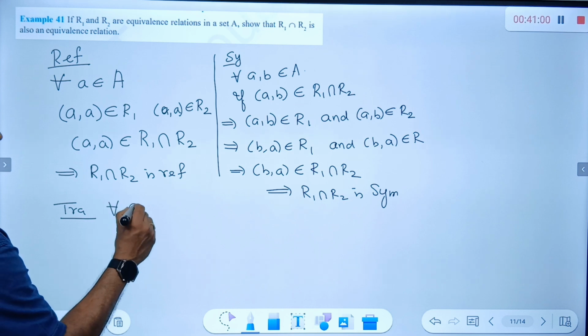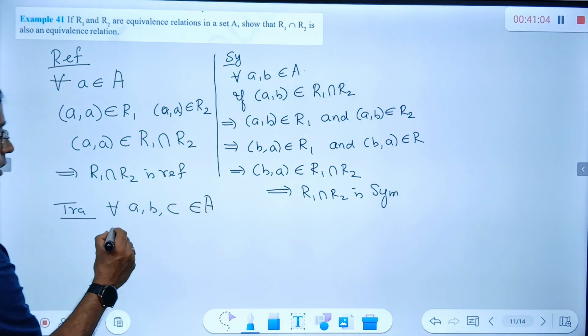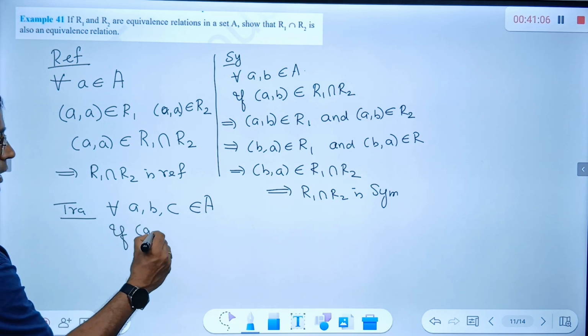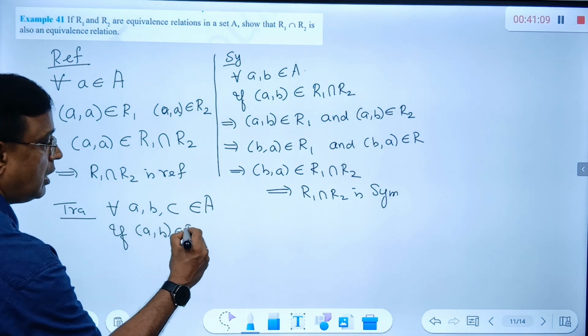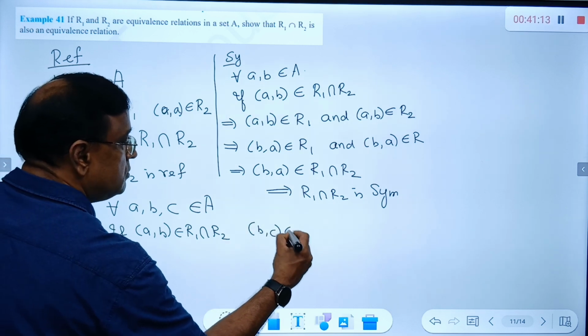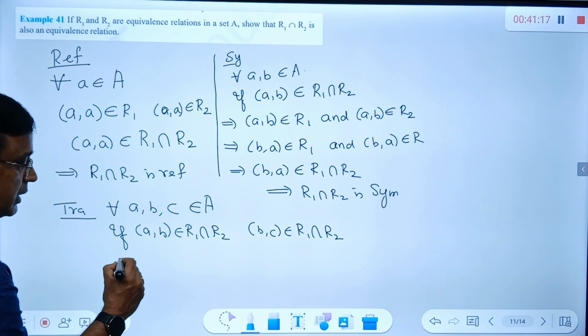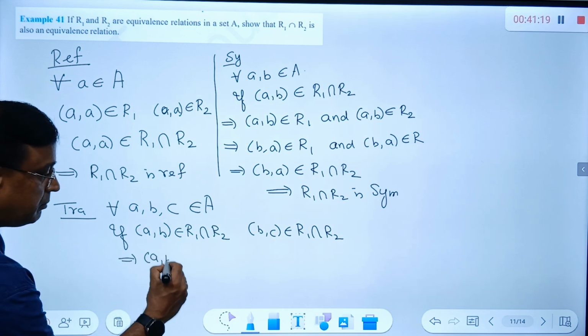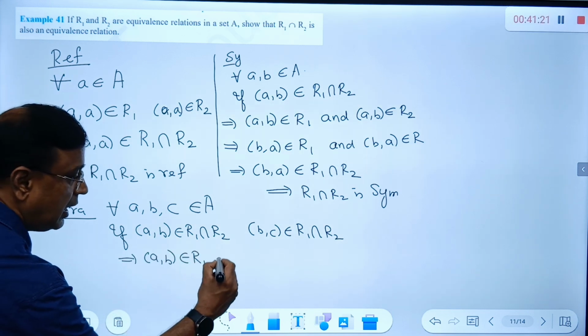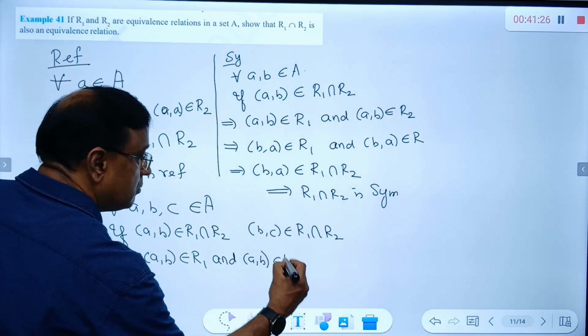For every a, b, c belonging to set A, if (a, b) belongs to R1 intersection R2 and (b, c) belongs to R1 intersection R2, this implies (a, b) belongs to R1 and (a, b) belongs to R2.